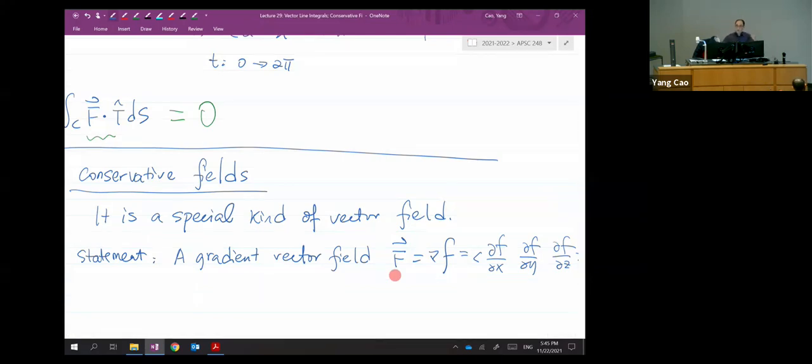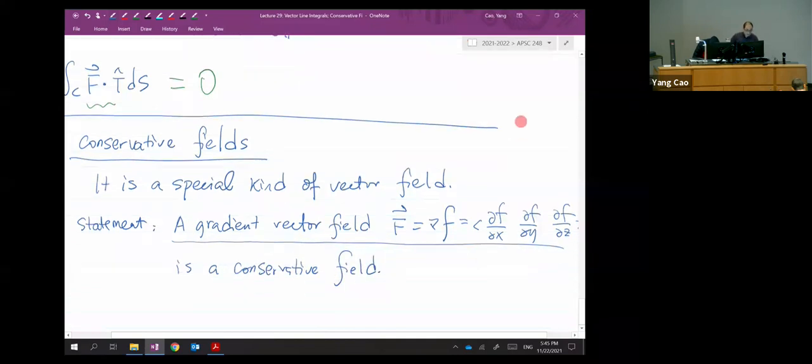But if you plug in different numbers, x, y, z, or x, y into this vector, then you get a whole spectrum of vectors, a vector field. So this is called a gradient vector field. And this gradient vector field is a conservative field.